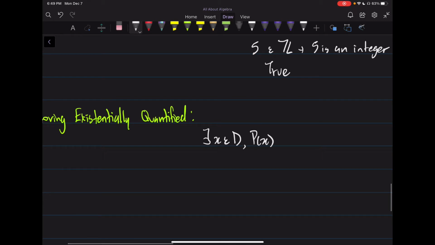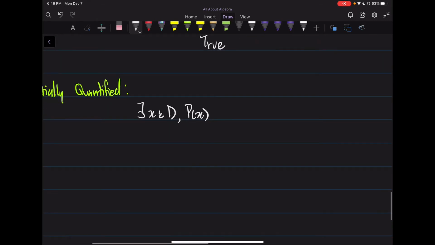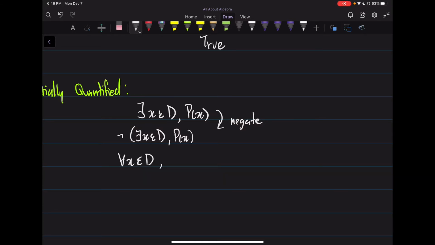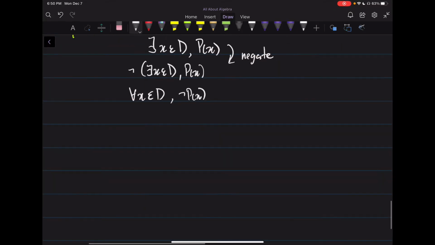It's much, much easier to find the negation of this, right? So negate this. Then you get for all x in the domain, we have the negation of p of x. And now we can try to prove this to be true.